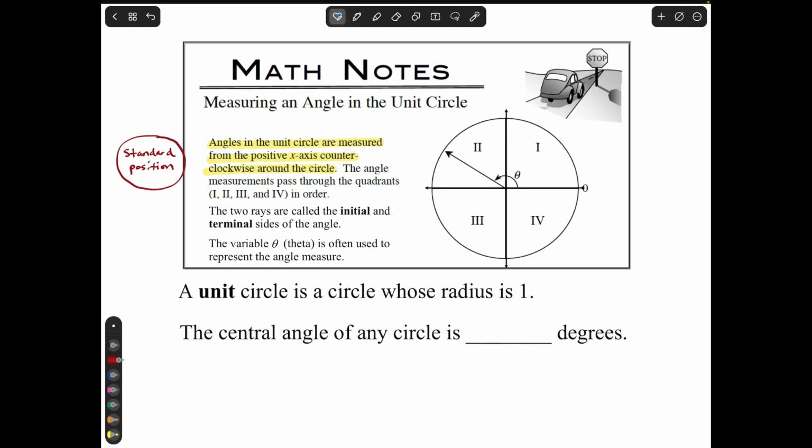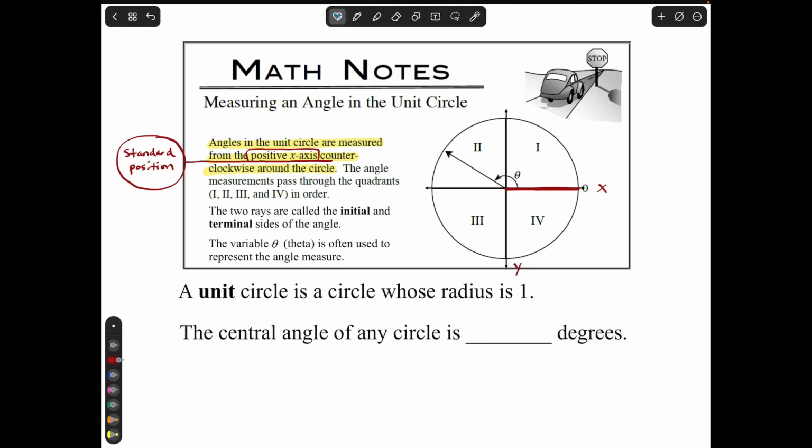The standard position is from the positive x-axis. And understand that the positive x-axis is right over here when you're looking at a coordinate plane. This is our x-axis and our y-axis.